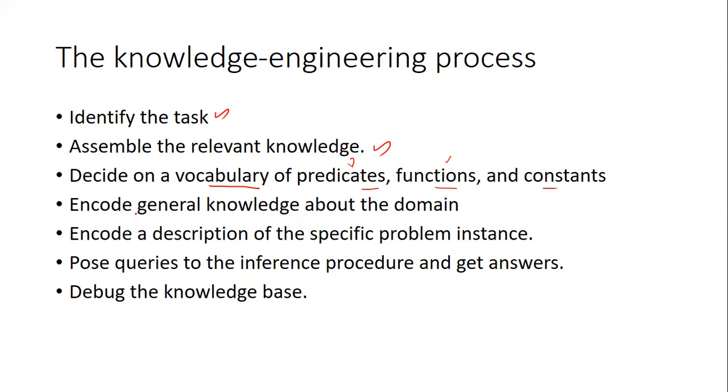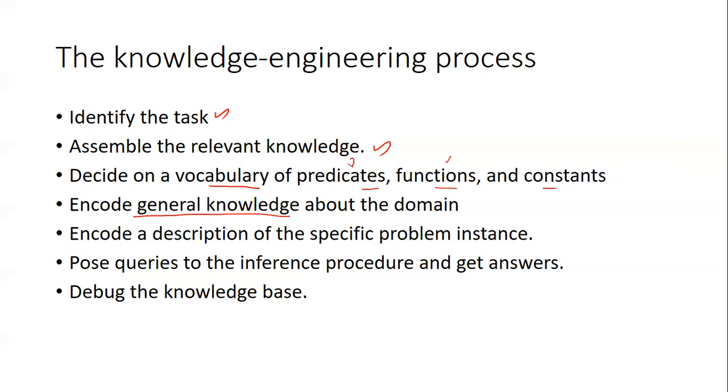After doing all these things, we have to encode the general knowledge about the domain. General knowledge means something like a rule, which is not specific to a particular case, but which is generic. For example, in Wumpus World, the rooms adjacent to the pits are breezy.